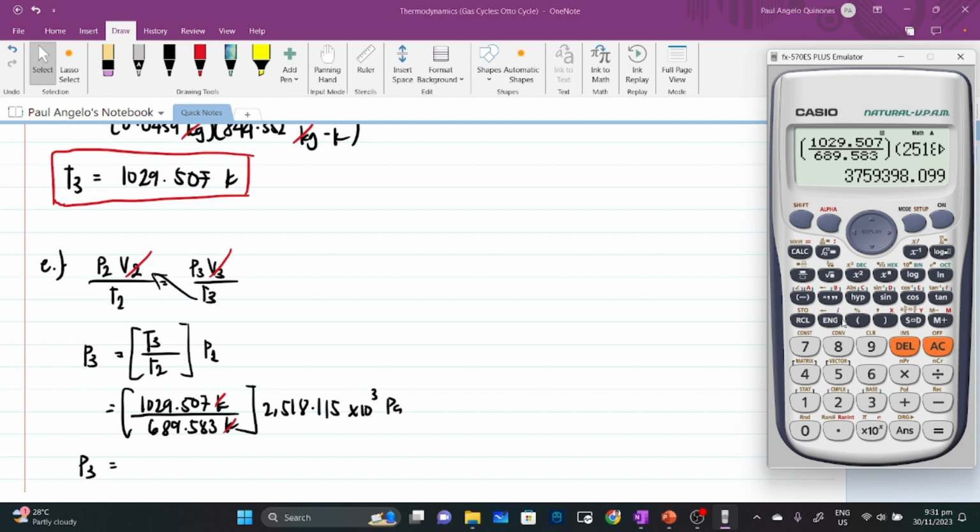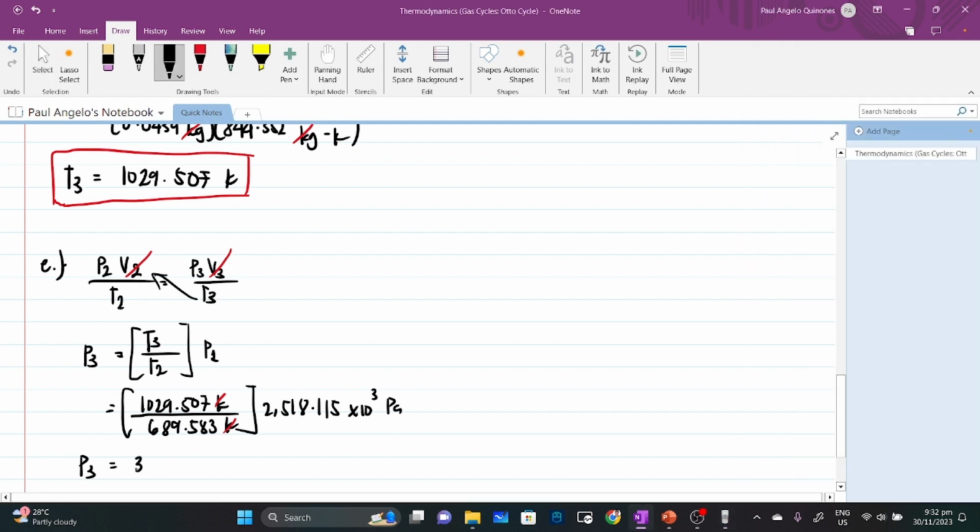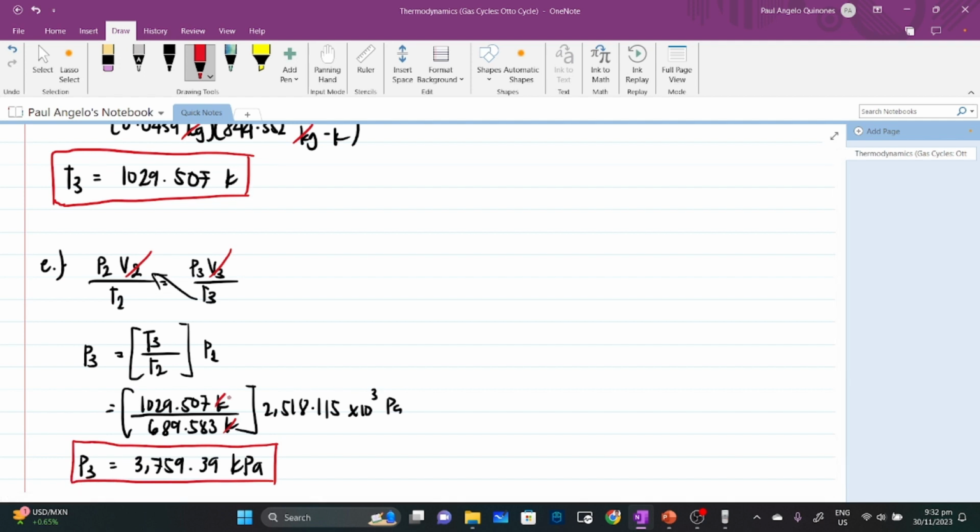So press ENG. This will be 3759.39 kilopascal. So this is the first approach that we can use for P sub 3.